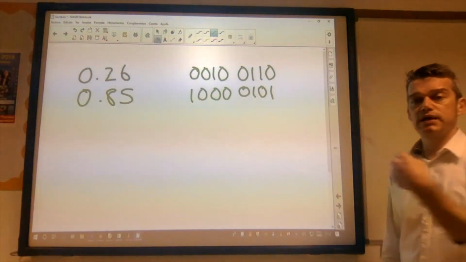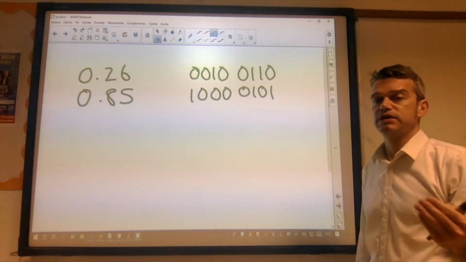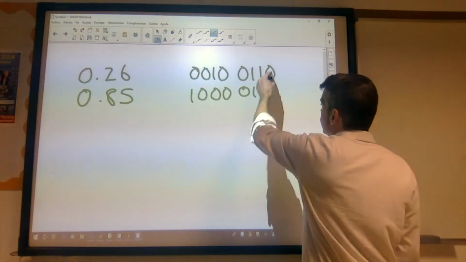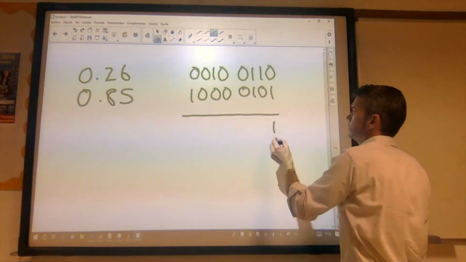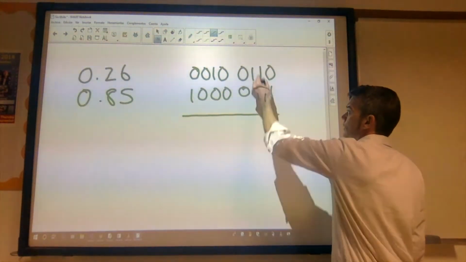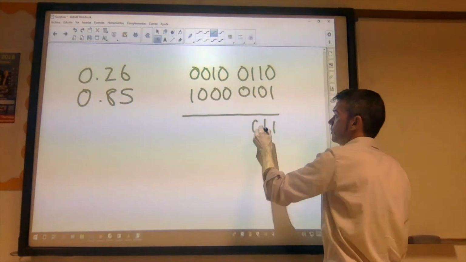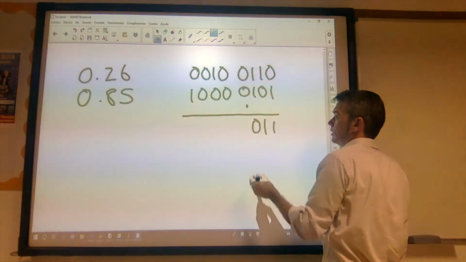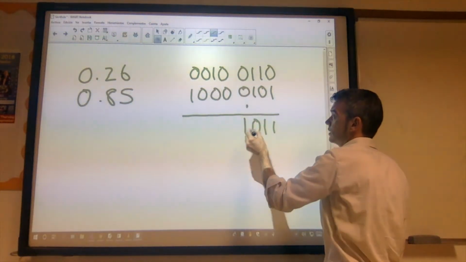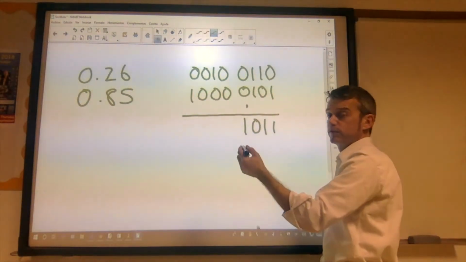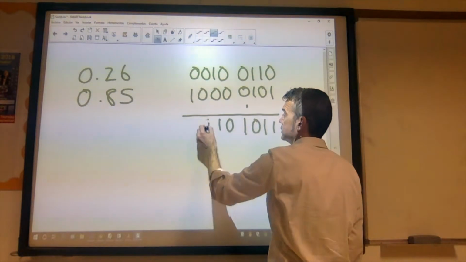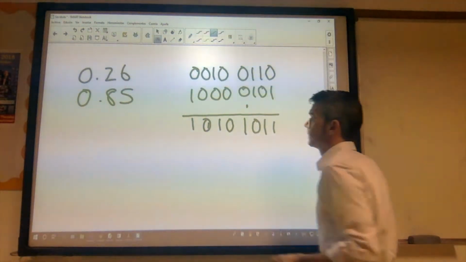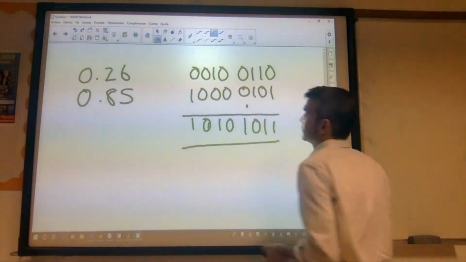Now if we add these numbers together using binary addition, we get the following result. 0 plus 1, we get 1. 1 plus 0, we get 1. 1 plus 1, we get 0 and we carry that 1. And when we go through, that's our result.